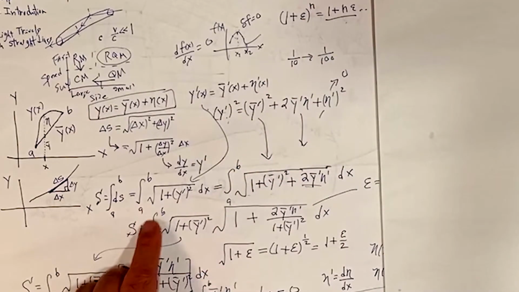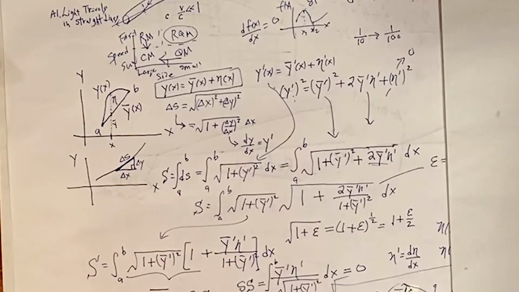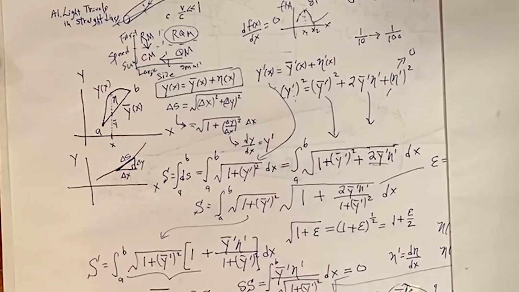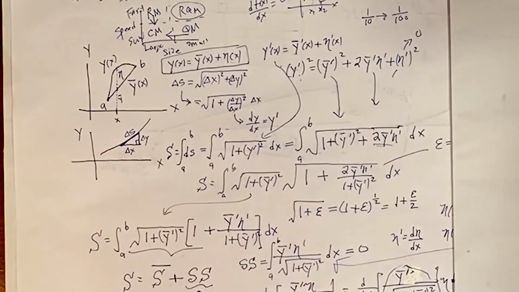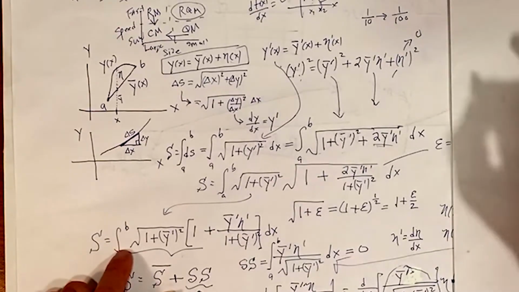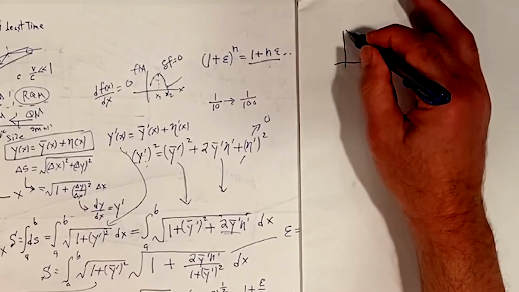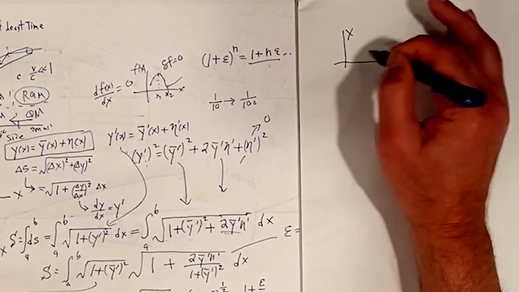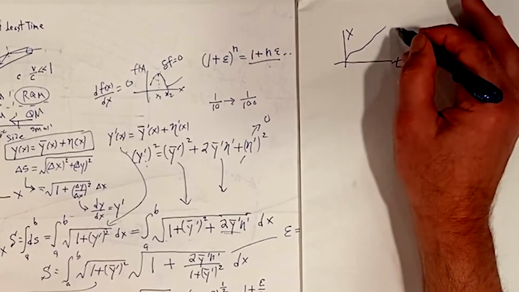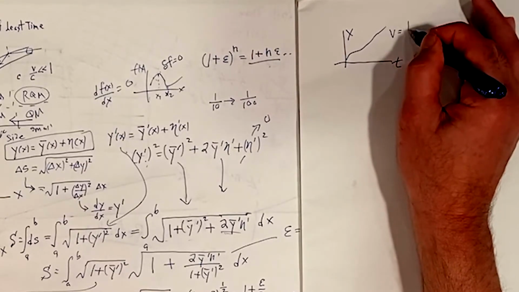Here, when you start with the functional and you do the minimization, the answer is a function. And the function is given by the formula that we have down here. What I would like to do is change the variables so that we're looking at x and t like in mechanics, and then you have here your derivative is your velocity.